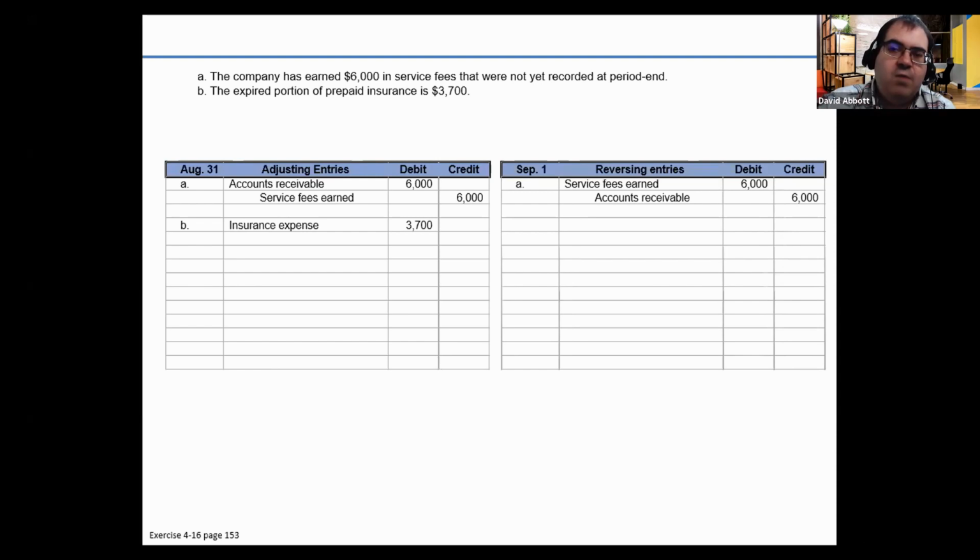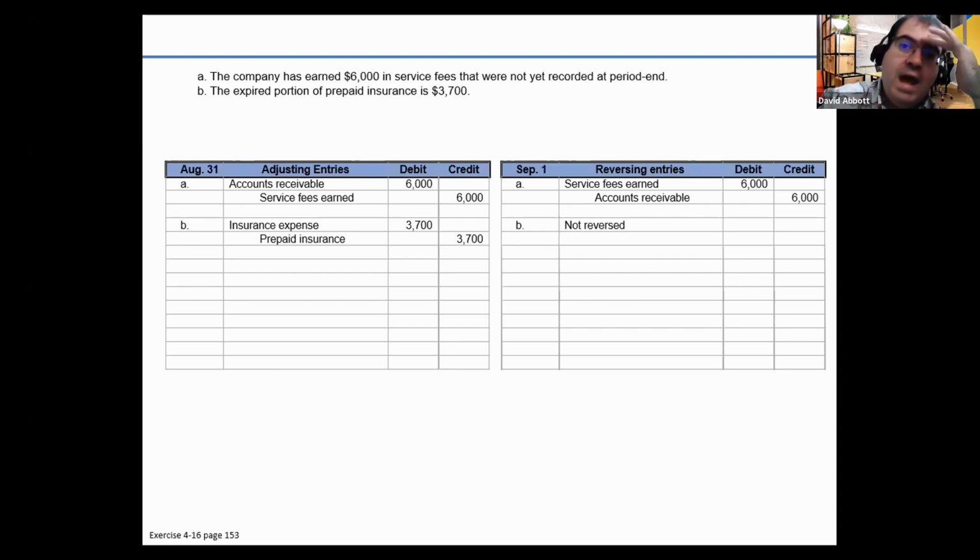Previously, they had insurance expense debit of $3,700 and prepaid insurance credit of $3,700. For this, you wouldn't reverse it because it's already correct. Let me explain.